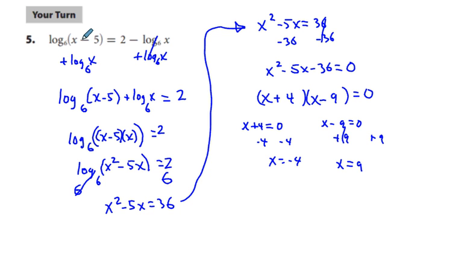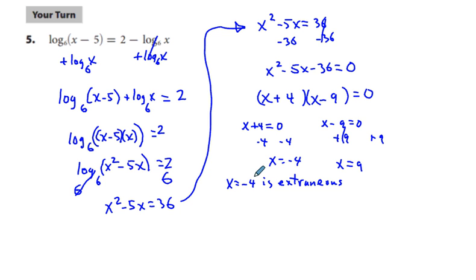Well, negative 4 minus 5 is negative 9. We can't have a log of a negative number. So we say x equals negative 4 is extraneous. So it's a solution we created in the process of solving. So x equals negative 4 is not a real solution.